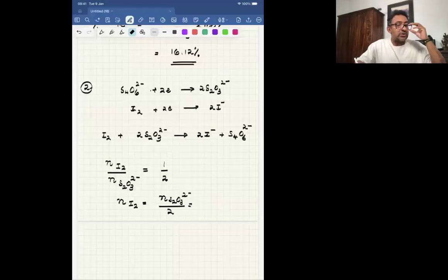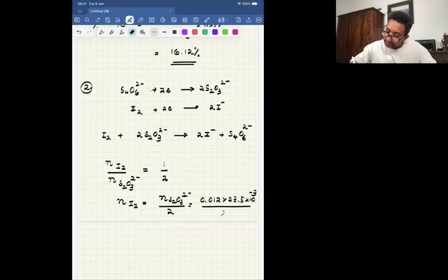Thiosulfate concentration is 0.012, times 23.5 times 10 to the power minus 3, divided by 2. What is the answer? Write it for me. 1.41 times 10 to the power minus 4 moles.